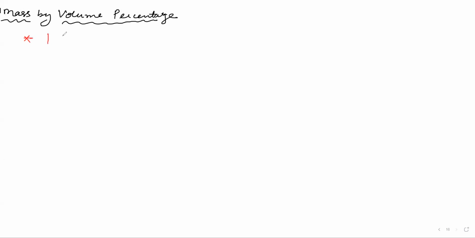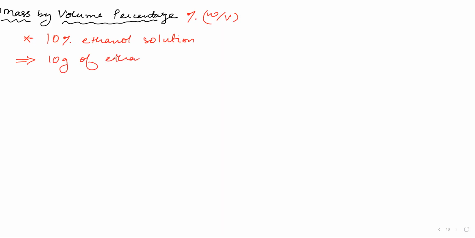For example, this is given as percentage W by V. If I am telling you 10 percentage ethanol solution, it would mean 10 gram of ethanol is present in 100 ml of solution.